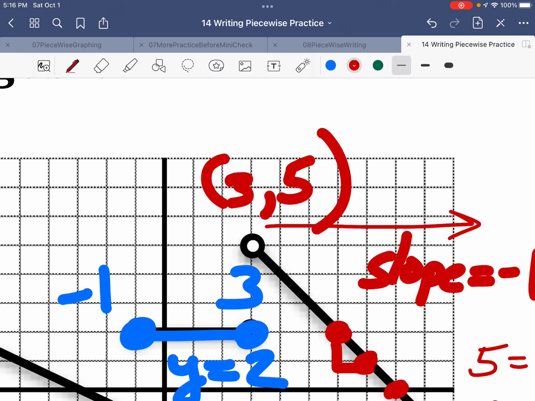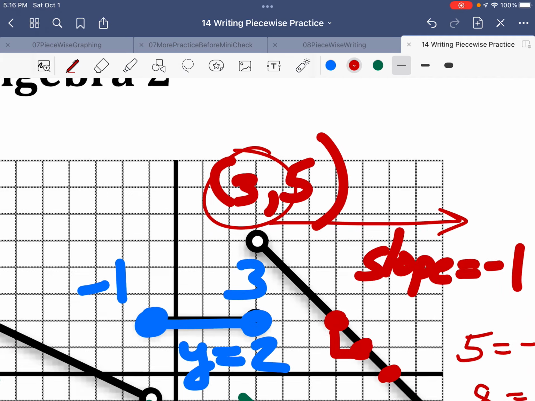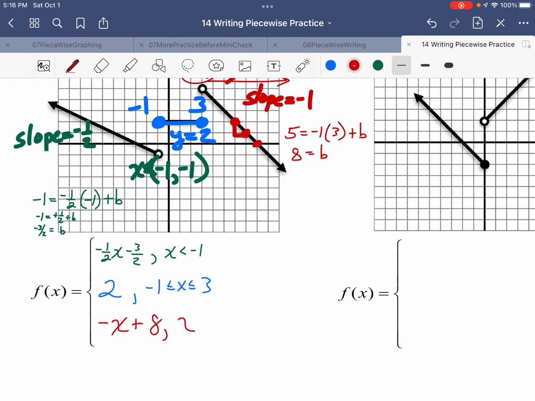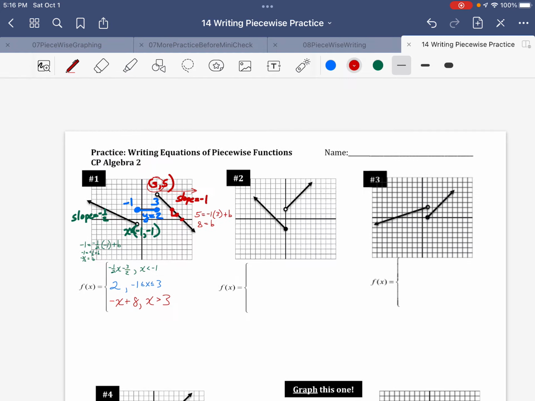You're greater because the graph is going to the right. You're greater than your starting value of 3, but please don't tell me that the graph is less than because it's going down, but rather tell me that it's greater than because the graph is going to the right. And so we have our third equation.